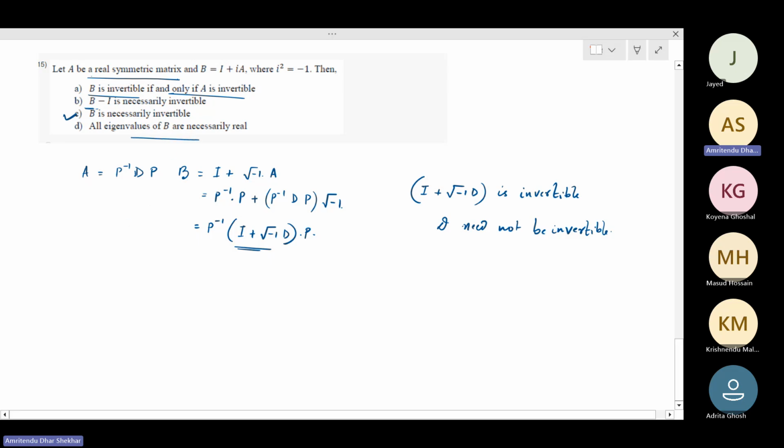Again, that's obviously not true, unless D is a zero matrix, and D being a zero matrix basically means A is zero. So unless A is zero, not all the eigenvalues of B are real. So C is the correct option.